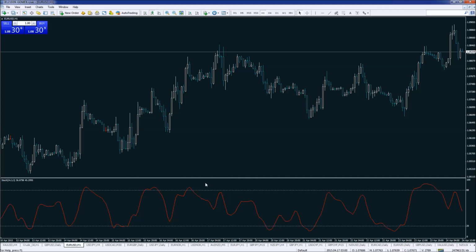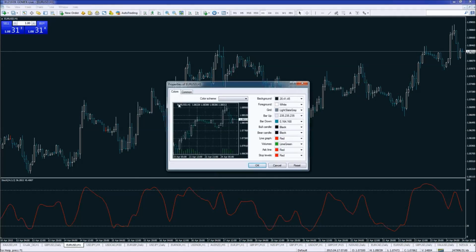What the stochastic is actually calculating is far different than what the relative strength index is measuring and calculating. And the stochastic is a bit slower than the relative strength index, so it corresponds much better with this system.